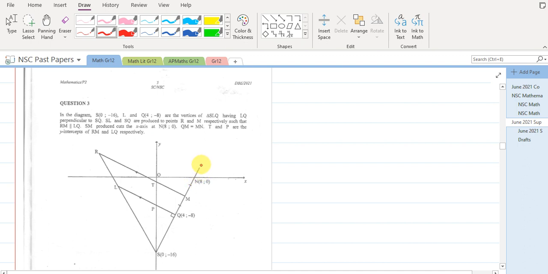So basically we can find the equation of this line, right? If you find the gradient of this line, then you can find the gradient of this other line because it's perpendicular, and you can even find the equation of this line, and there's so much we can do. Also, these two lines are parallel, so if you find the gradient of this line, then you can find the gradient of RM.